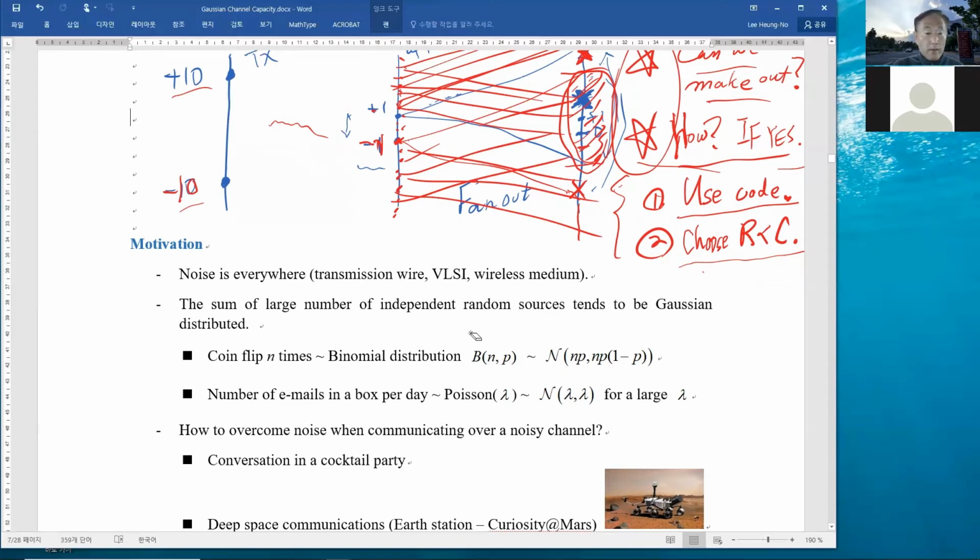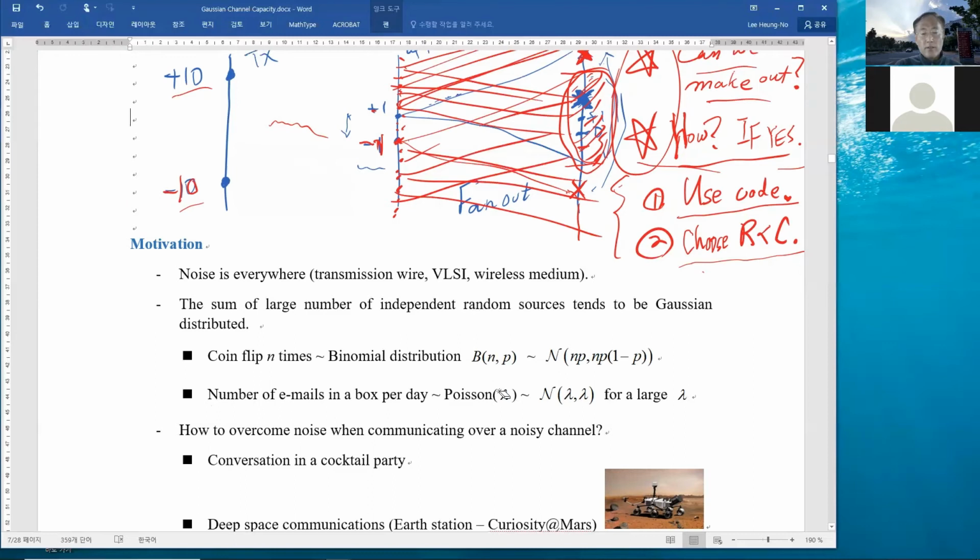So the binomial distribution converges in distribution to a Gaussian distribution with the mean np and the variance np times (1 minus p). Or the number of emails in your mailbox per day: you have an average number of emails, lambda, but the exact number is a random variable and is Poisson distributed.